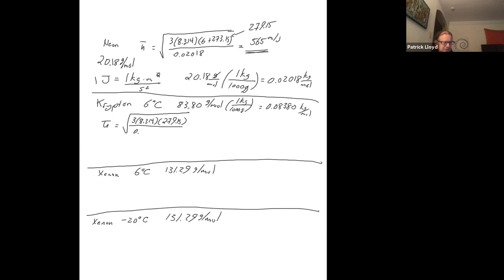And then you take the square root. So 3 times 8.314 times 279.15 over 0.0838, and then take the square root, and it looks like it's 288.